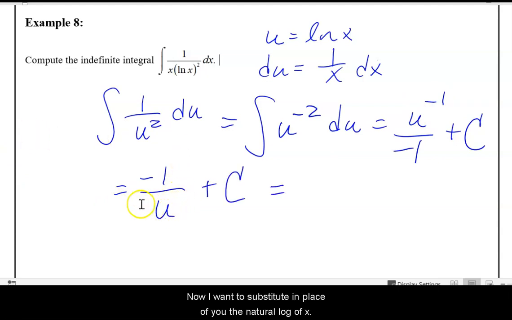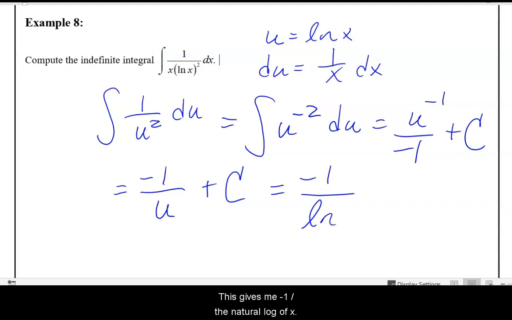Now I want to substitute in place of u the natural log of x. This gives me negative 1 divided by the natural log of x, plus a constant. That is my final answer. In this case, the natural log of x doesn't take the absolute value because it wasn't there in the beginning, but in fact it is implied, since natural log would not be defined if x were 0 or negative.